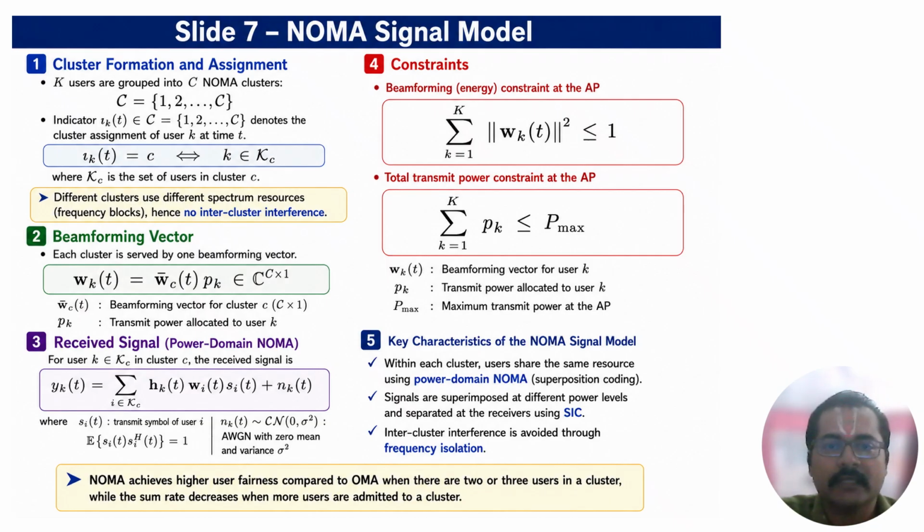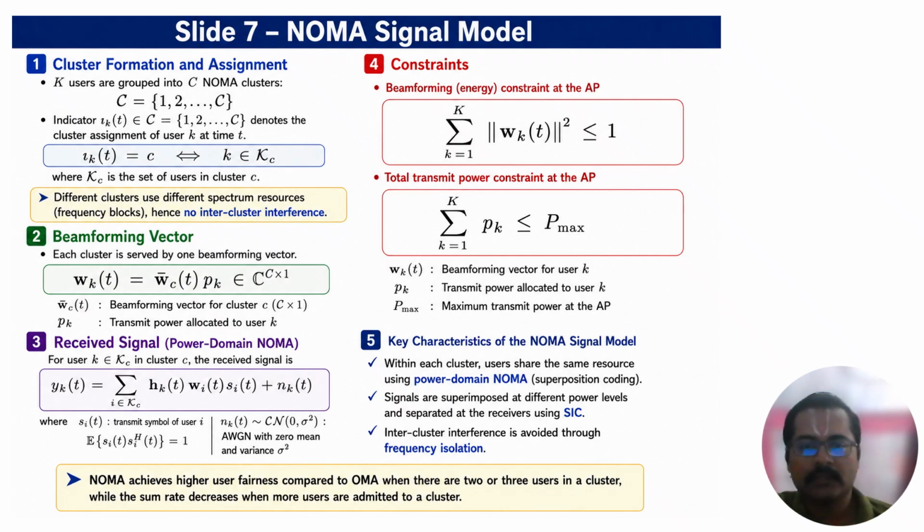So the beam forming constraint at the access point, this is the constraint on beam forming. Another constraint is on transmit power. While you are optimizing your decision, your variables should be constrained, otherwise you cannot attain optimal values.